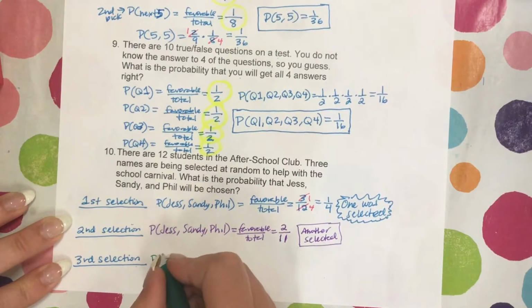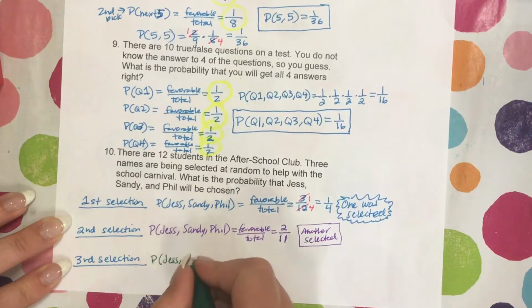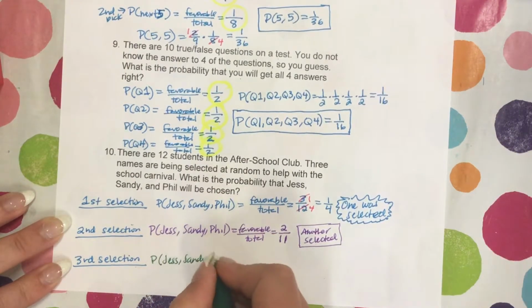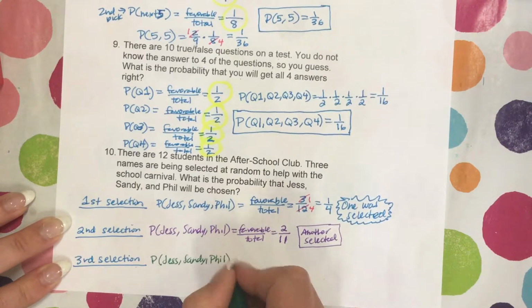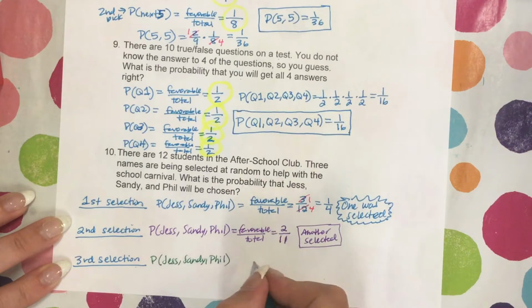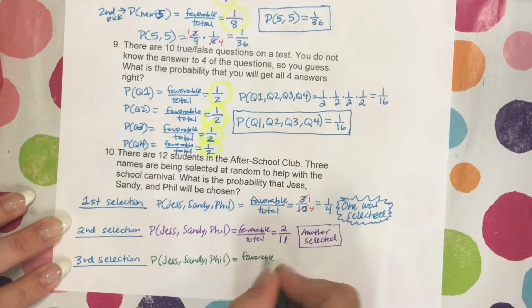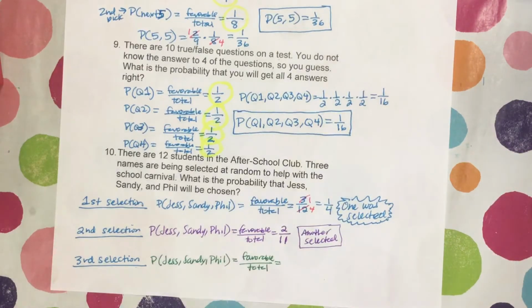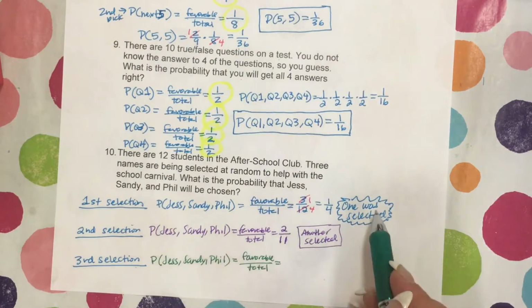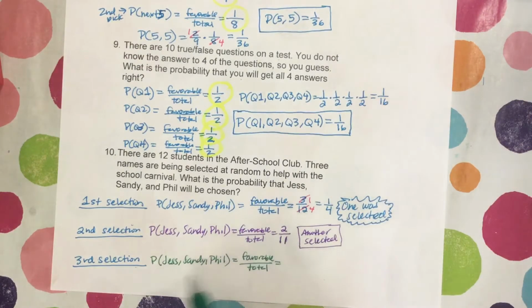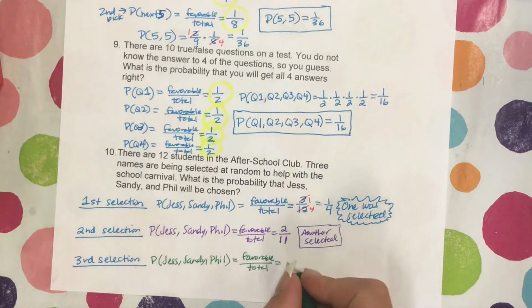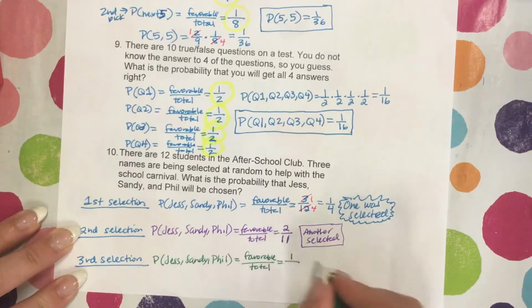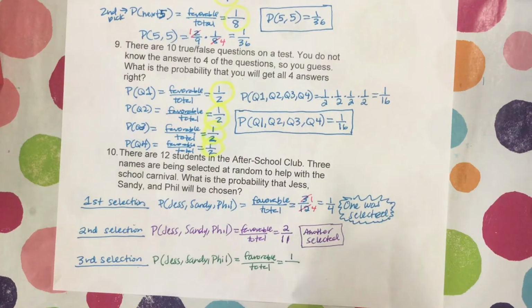We're going to find the probability of Jess, Sandy, or Phil, and it's going to be the favorable over the total. So since one of these three people was selected in the first selection and then another one was selected in the second, that means for favorable, there's only one person left that would be favorable to be selected.